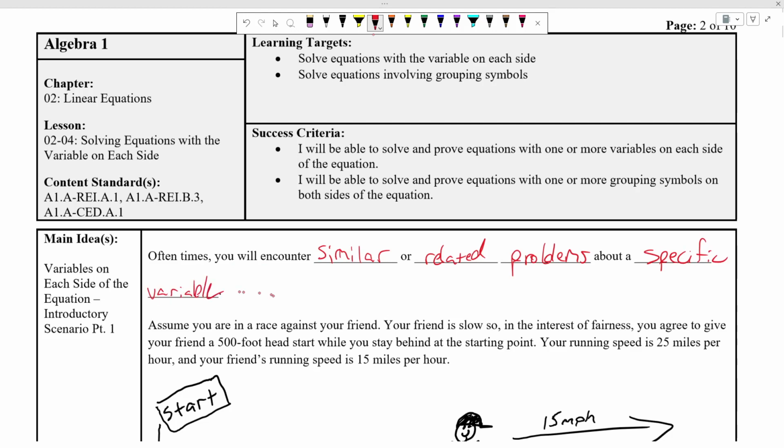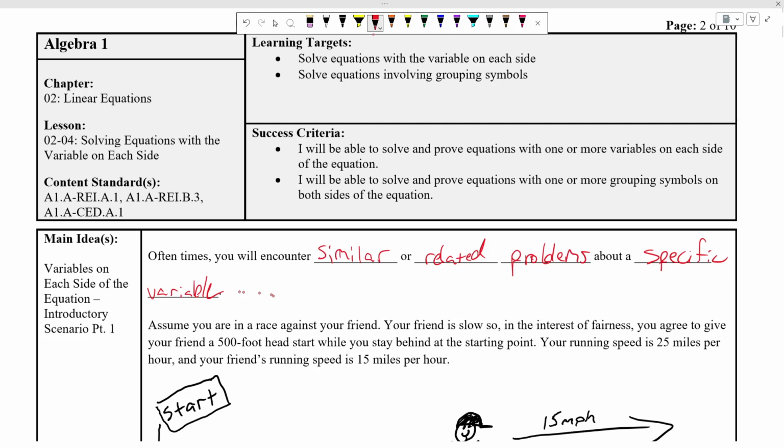The variable can be anything really. Through my little scenario here, we're going to talk about a specific variable and see how two separate problems can be related. And when they are related, we can solve and come to some understanding about what's going on in a real world context, in a mathematical sense, and beyond.